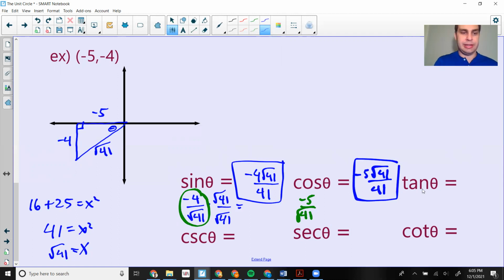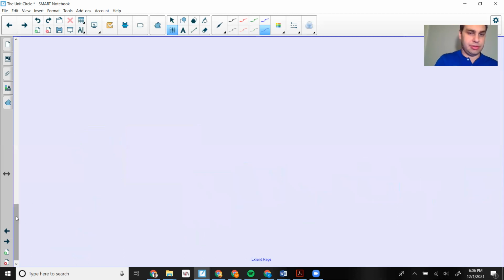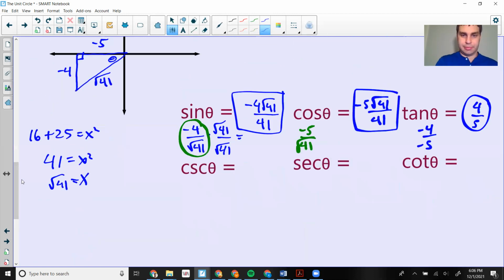Okay, tangent of theta is going to be negative 4 over negative 5, opposite over adjacent, which negatives will cancel and just be 4/5. All right, and then we can go and flip these for our bottom trig functions. Let's see.